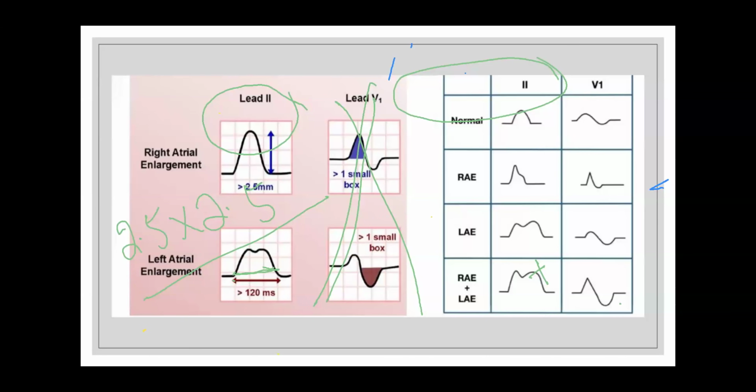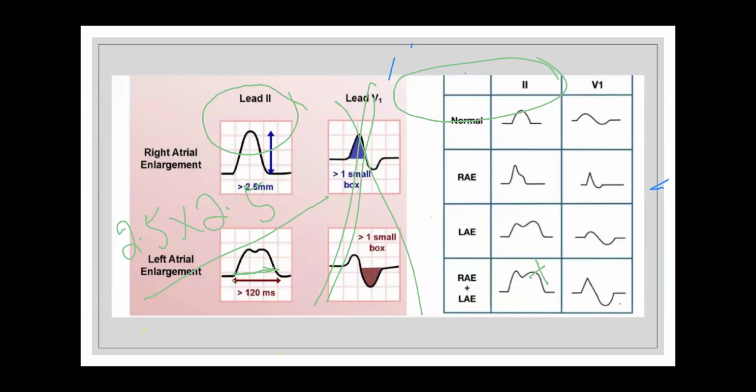If it is more in either the vertical or the horizontal direction: if they are tall vertically, it tells you about right atrial enlargement. But if they are wide, more than 2.5 boxes, it tells you about left atrial enlargement.